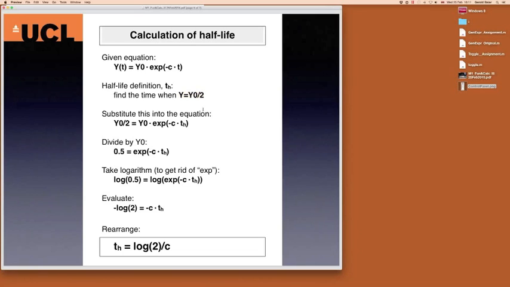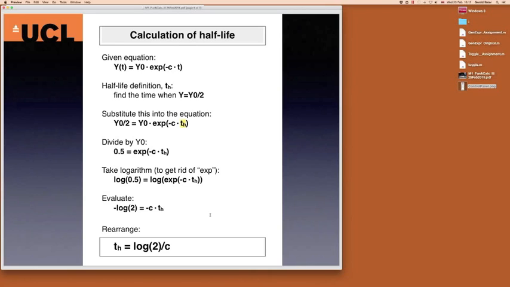So what are we going to do to find out the half-time analytically or quantitatively in this equation? We're going to substitute this definition, y equal y0 over 2, into our original equation. So on the left side where we have y(t), we put in y0 over 2. And the right-hand side stays nearly the same, except we say this is true not in all cases, but only when time is equal to the half-life.